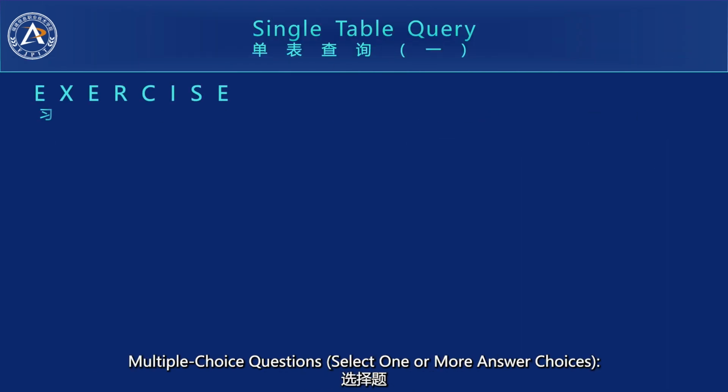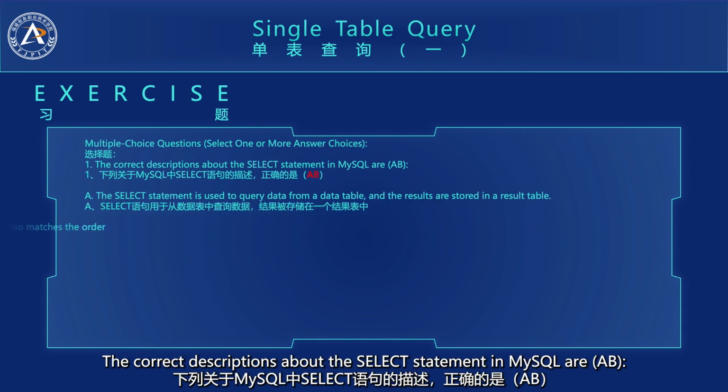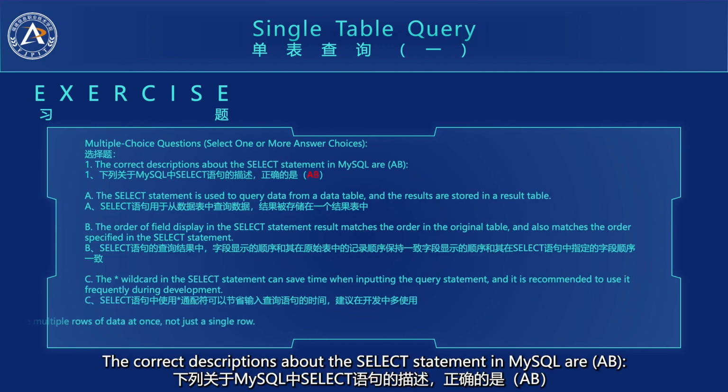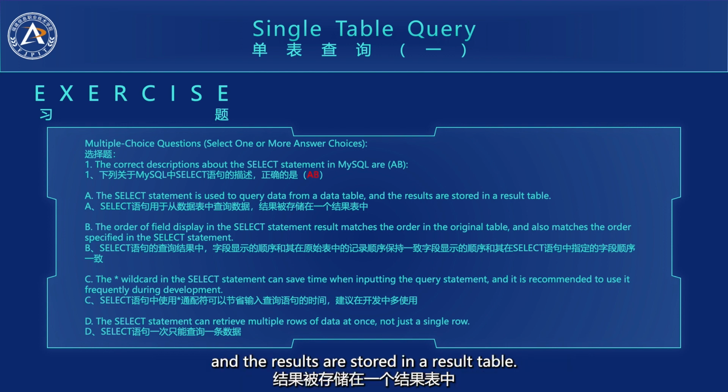Multiple choice questions, select one or more answer choices. 1. The correct descriptions about the select statement in MySQL are: A. The select statement is used to query data from a data table, and the results are stored in a result table.